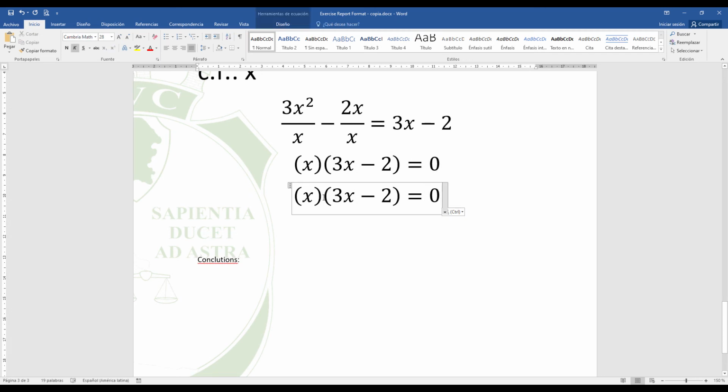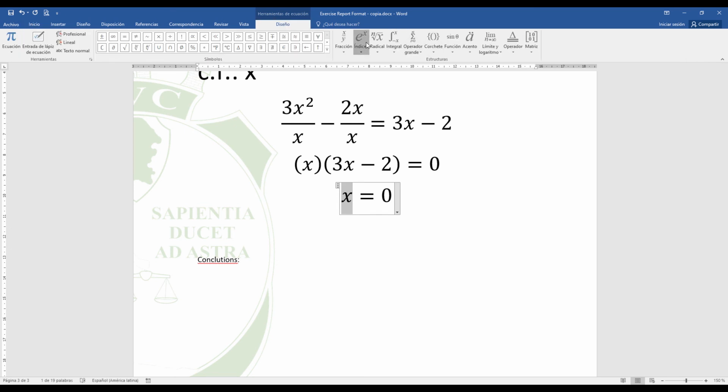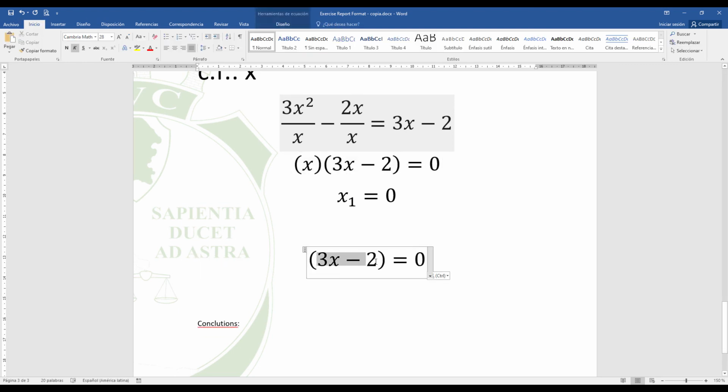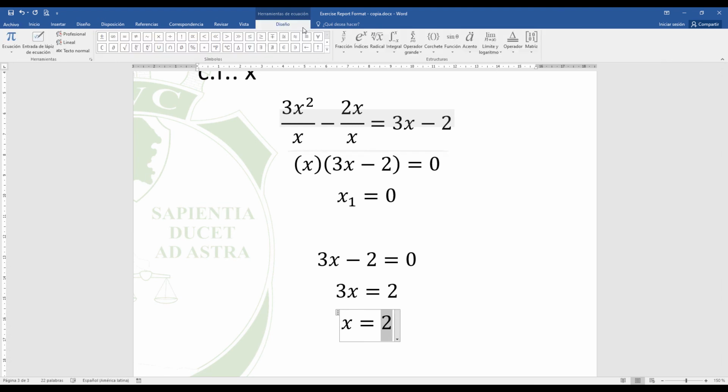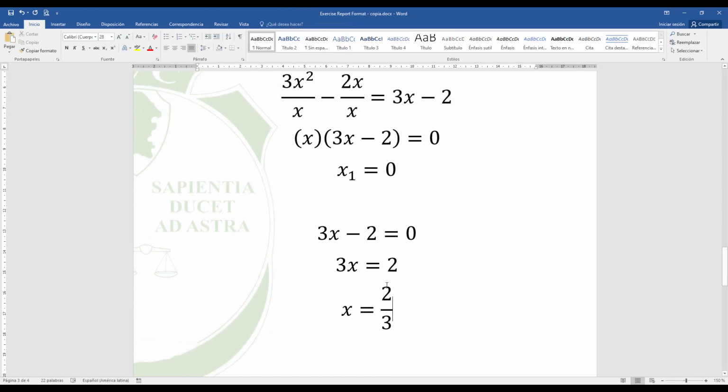In that case, x1 equals 0. For the other, you need to get it out of the parentheses and pass it to the other side. This is 2, and the number 3 will be divided on the other side. So this is the result: 0 and 2/3.